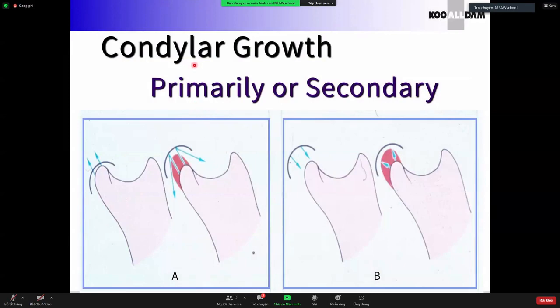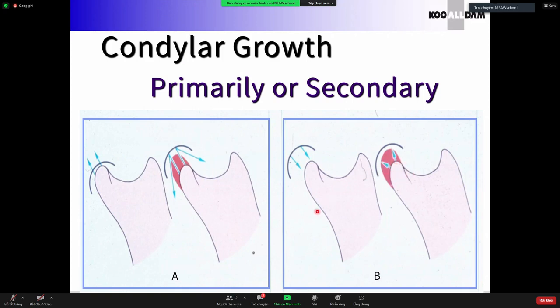As you know, this is condylar growth. What is the difference between A and B? They look similar, however, totally different. In figure A, the condyle grows spontaneously, so this is called growing primarily. On the other hand, in figure B, in some situations, the condyle may grow.